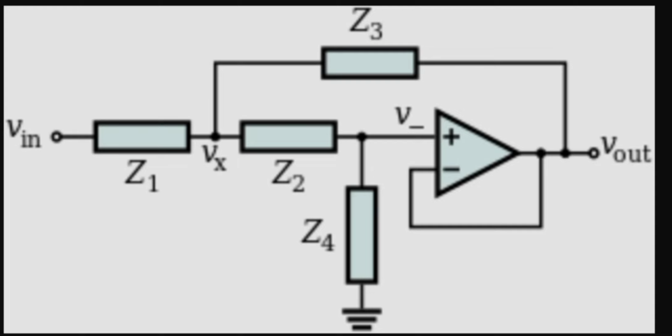As I said, these impedances can be implemented using resistor and capacitor combinations. It is called an active filter because it uses an operational amplifier which has positive and negative pins, and the output of the op amp is tied back to the negative pin of the amplifier.